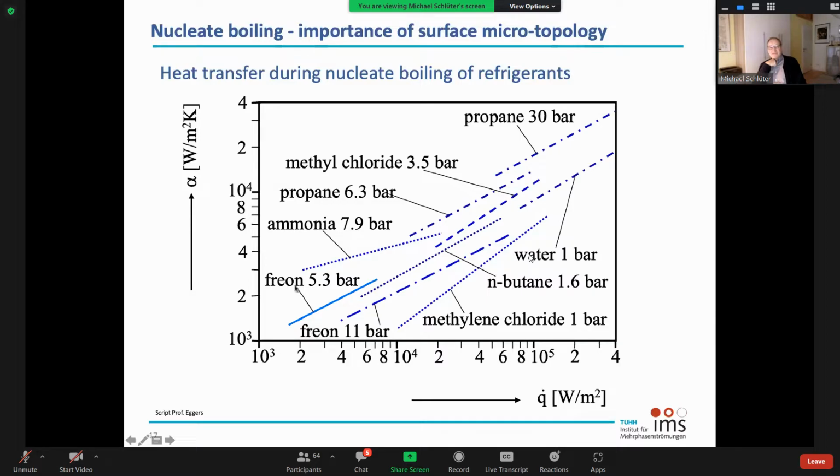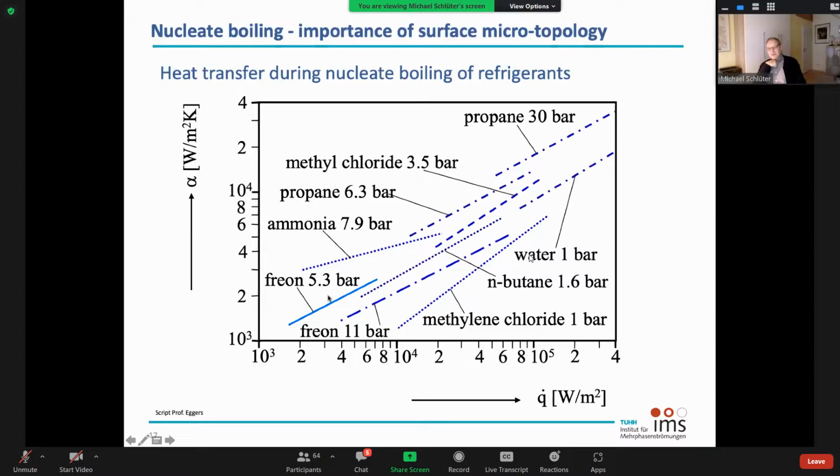By the way, this freon here at 5.3 bars and 11 bars, freon, as you might remember, is forbidden right now. It's a little bit older diagram from a former colleague. And freon is a cooling liquid that is usually used in refrigerators, or let's say it has been used in refrigerators before it was forbidden.